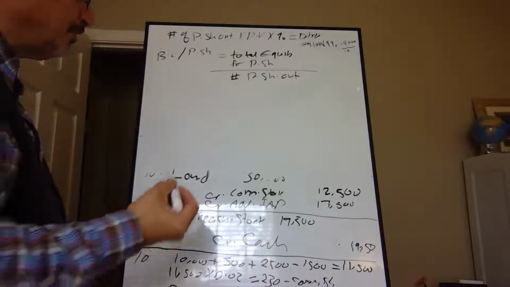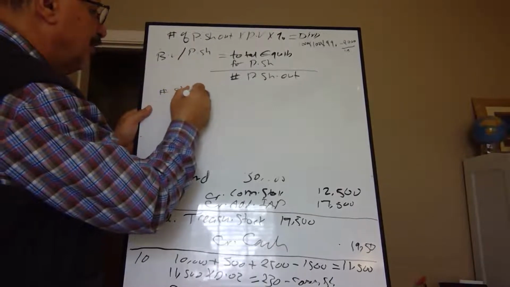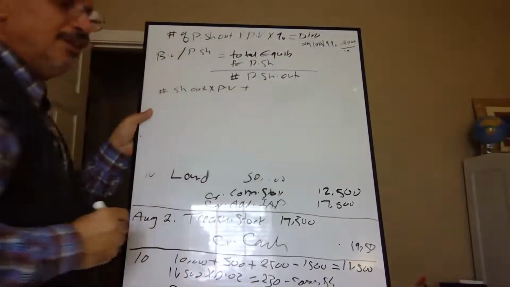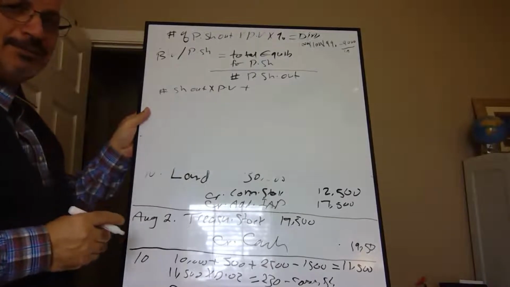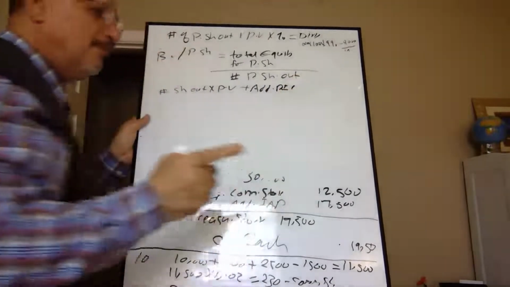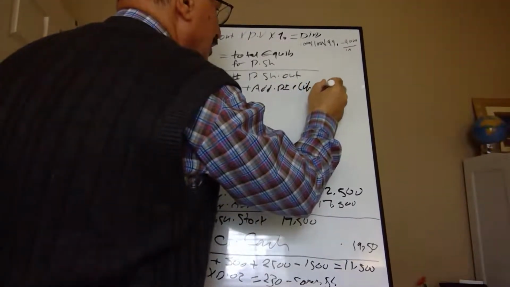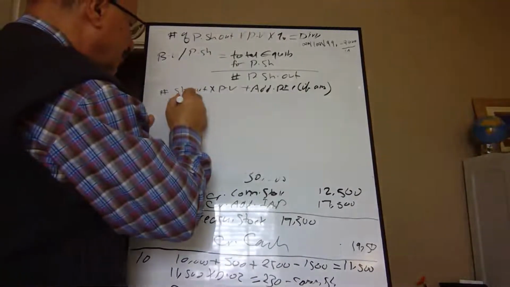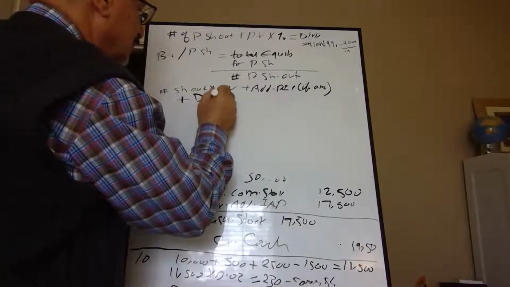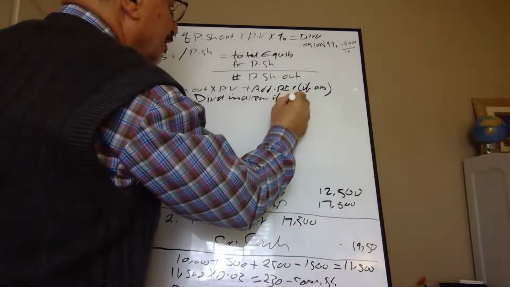It includes the par value, number of shares outstanding times par value, plus any additional paid in capital in excess of par, if any, plus dividends in arrears, if any.